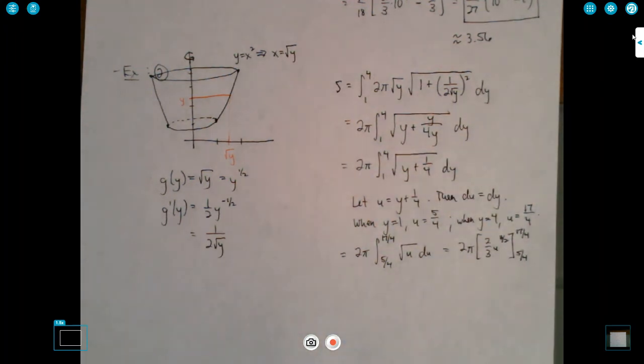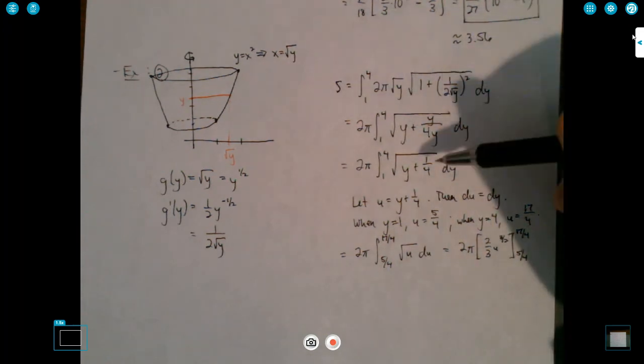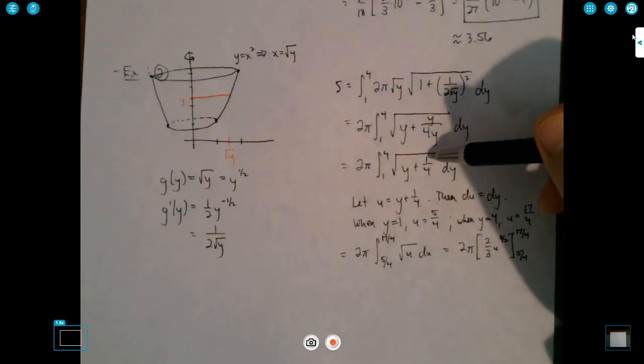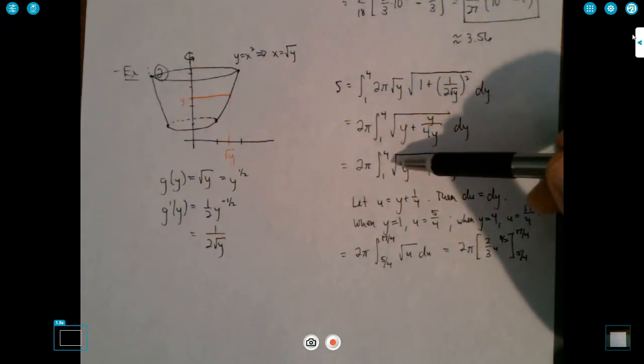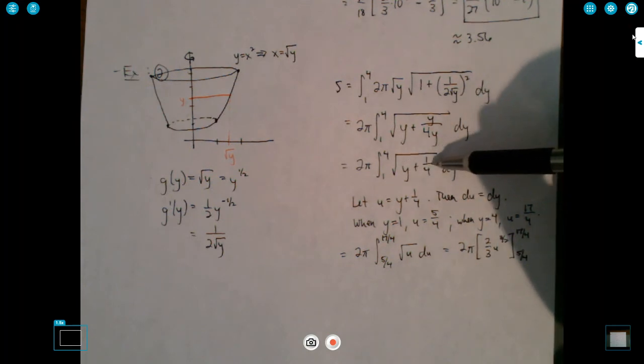How nasty. That's not fun at all. Okay. Goodness gracious. Do we have to do this? I suppose, maybe if we had pulled out the 1/4 up here, we could have called this 4y plus 1, right?